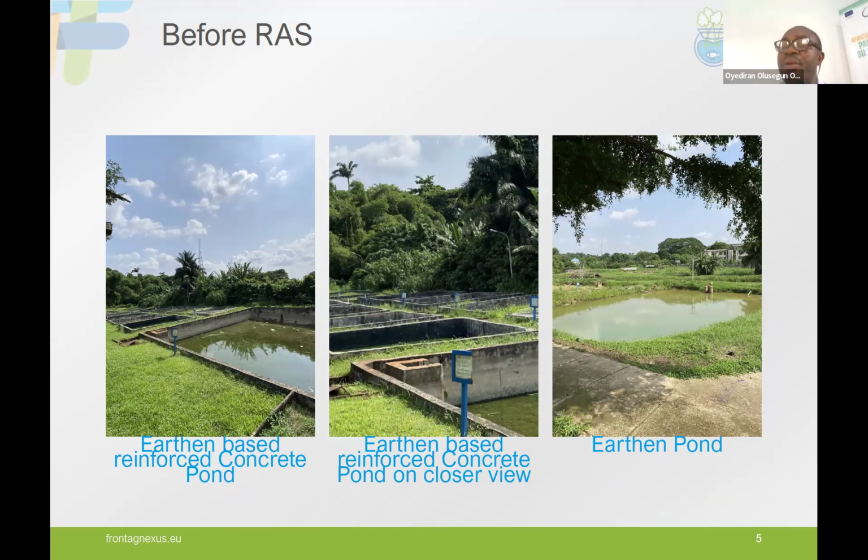We can still utilize the advantage of the earthen-based system to augment a system so that, at the end of the day, the farmer is not spending much money in production. We still enjoy the buffer of the soil-based facility. So there is earthen-based, and then we have a concrete-based system that can be used in that regard.